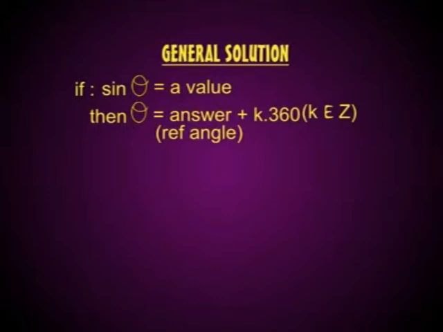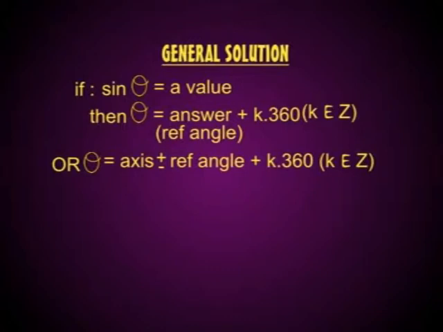Or theta is equal to the other possible answer. Remember that sine theta, if it's equal to a positive answer, it means that theta lies in either the first or the second quadrant, whereas if it were equal to a negative value, it means that theta is lying in the third or the fourth quadrant.